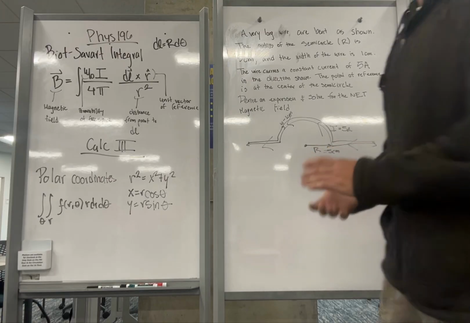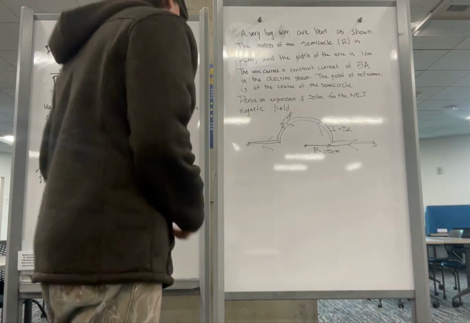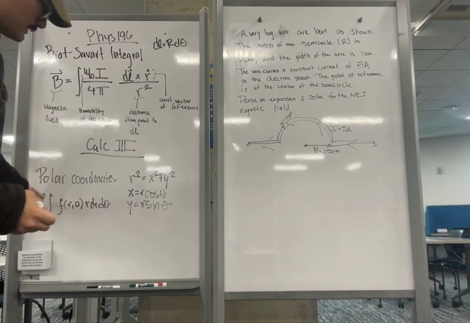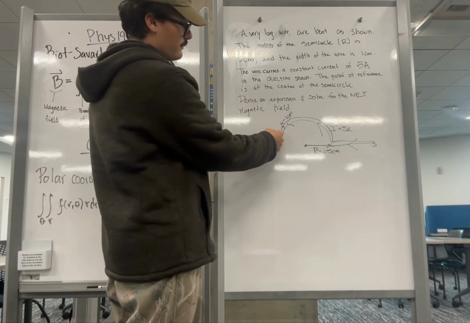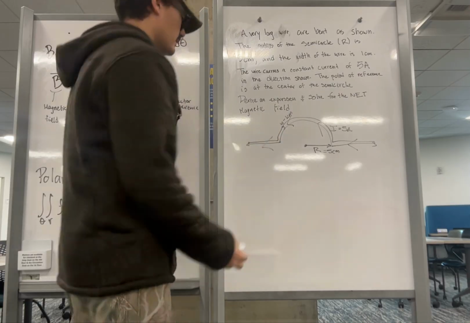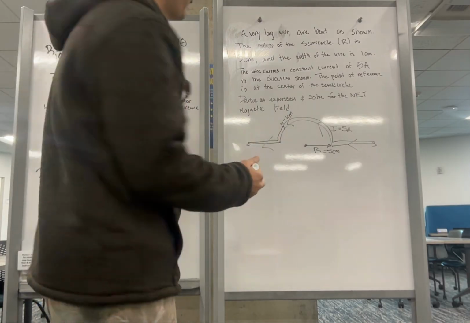So, starting off, we will have to rewrite this equation to include the r portion, because we are going from 5 centimeters to 6 centimeters. So this will become a double integral.